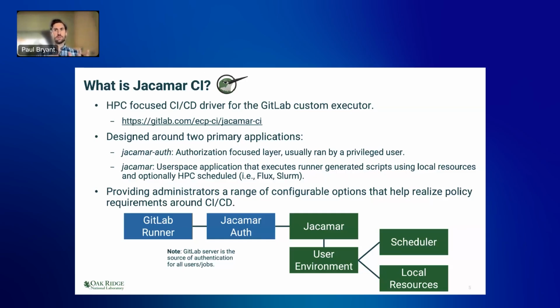So it's going to create a clean bash non-interactive login shell, for example, in the shell environment, and then run the GitLab generated job script there. Whatever behavior you're seeing when you're on the login node, for instance running make build, you're going to get the same behavior when you run make build in a GitLab CI script running through Jacamar.